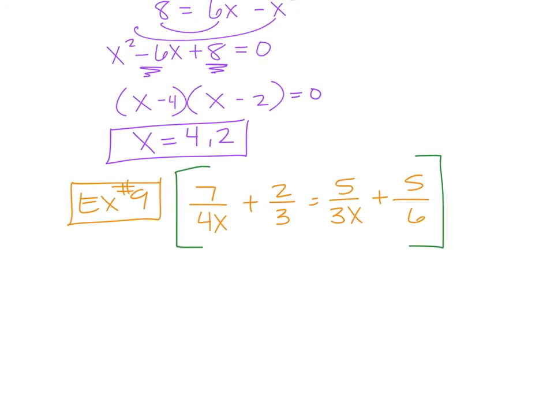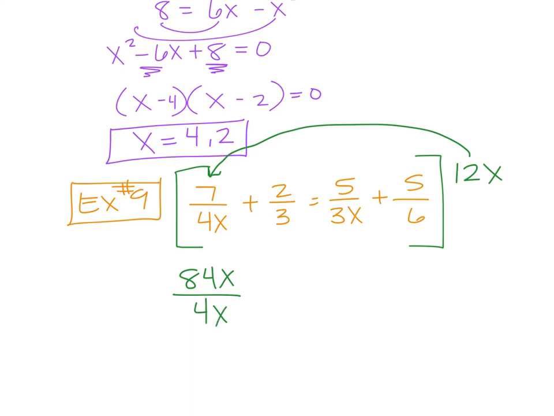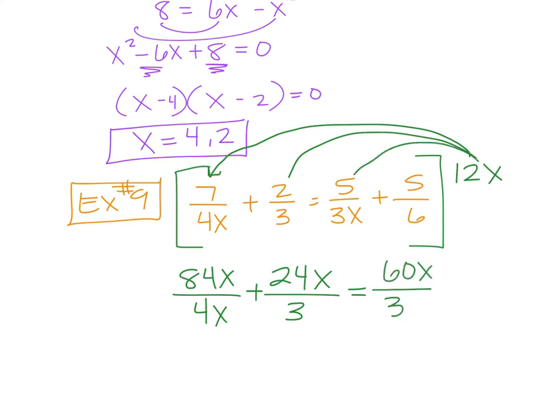So if we multiply everything by 12x, then we're going to distribute. 12x times 7 would be 84x over 4x plus 12x times 2, that'd be 24x over 3 equals 5 times 12x is 60x over 3x, and then plus 12 times 5 is 60x over 6.